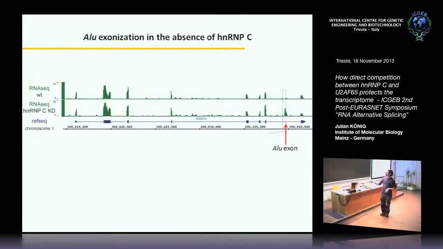So up here is wild-type RNA-seq, with nice peaks on all the exons. And then here, this is the knockdown. Here we see, coming out of the middle of nowhere, where an Alu element is located, a very strong peak indicating that this region has now been included into the mature transcript as an exon.